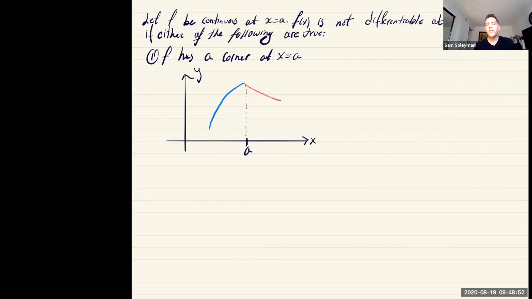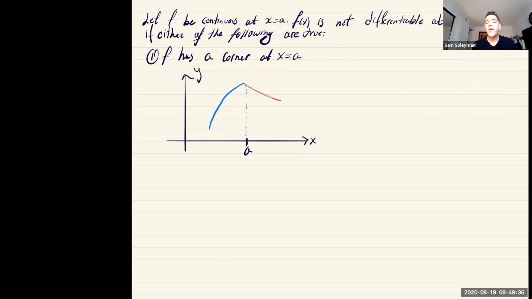Do not confuse a corner with a cusp. Okay, I'll get to that notion. A cusp has to do with an infinite derivative. A cusp is when the tangent line becomes infinite in slope. But look at what's happening here. If you look at the derivative from the left of a, just exactly right before a, that's the derivative.